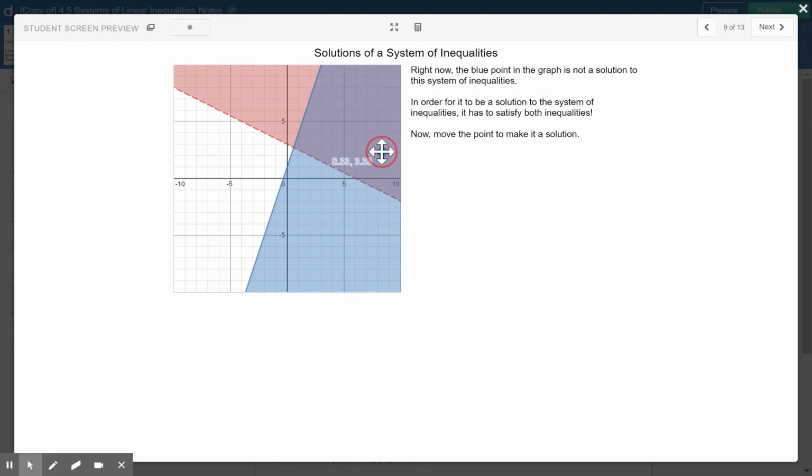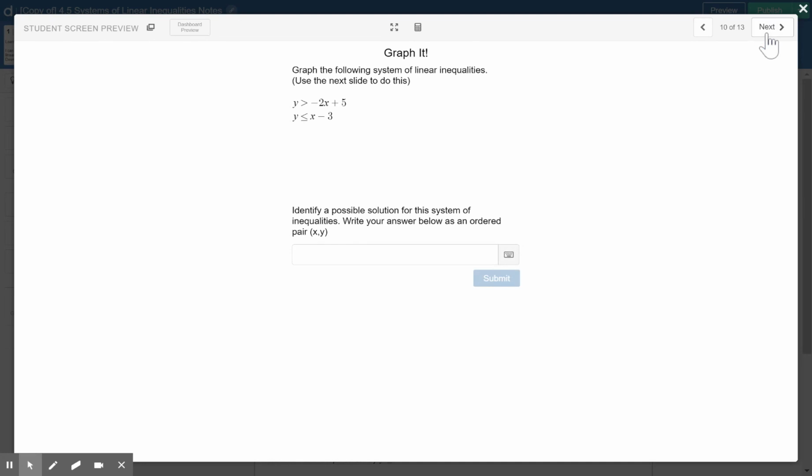So any ordered pair in this double shaded area is an answer. Now we're going to graph and identify a possible solution. Now remember, every single one of you could choose a different ordered pair.